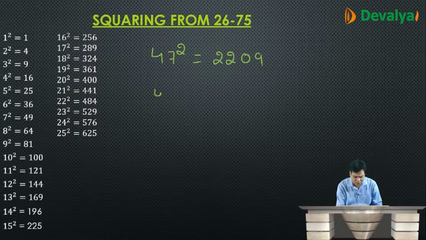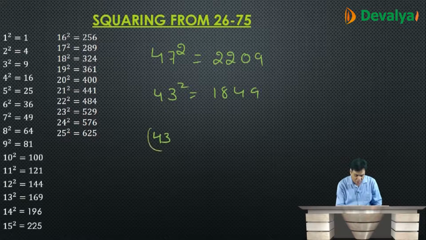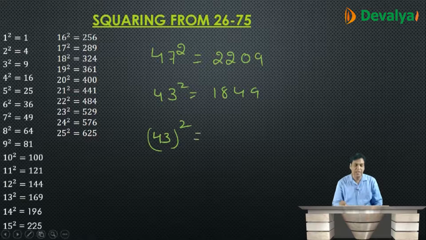So what would be the square of 43? It's very simple. 43 square would be 1849. How did we calculate it? I am going to tell you how my mind works.